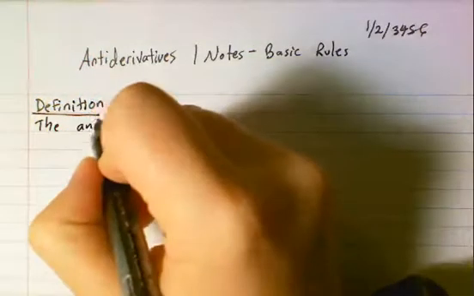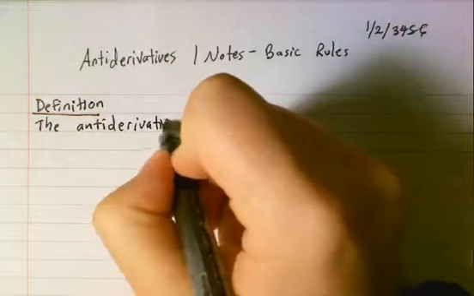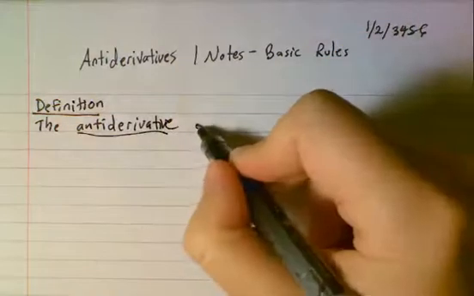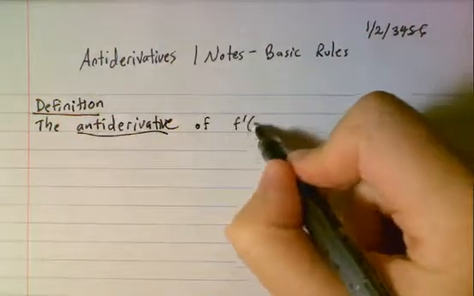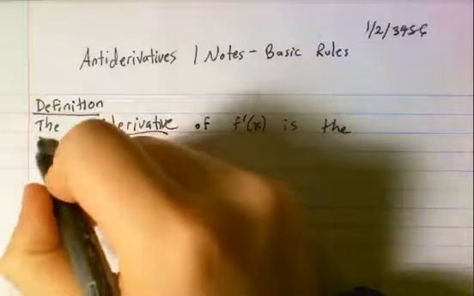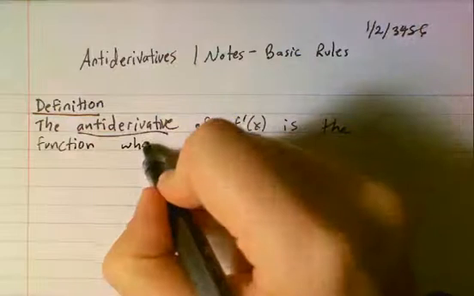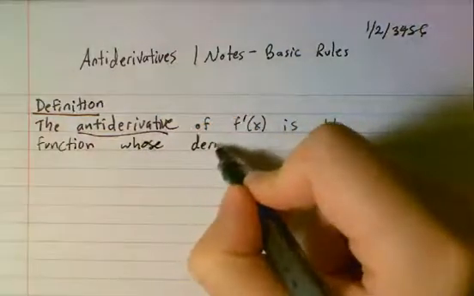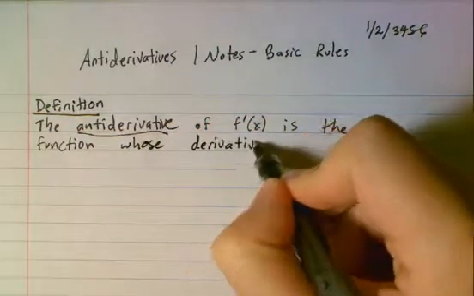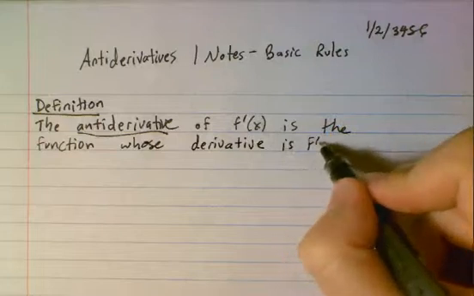The antiderivative of f prime of x is the function whose derivative is f prime of x.